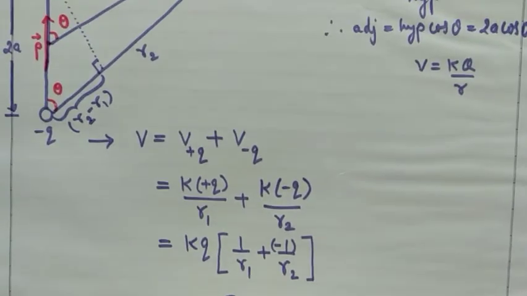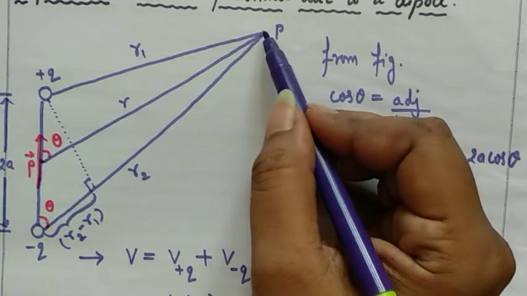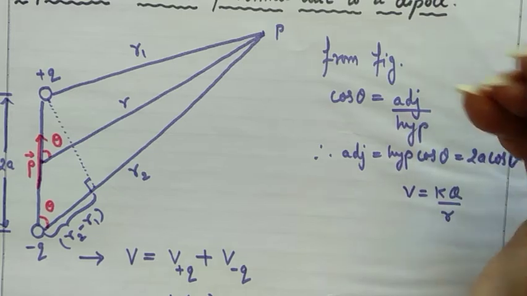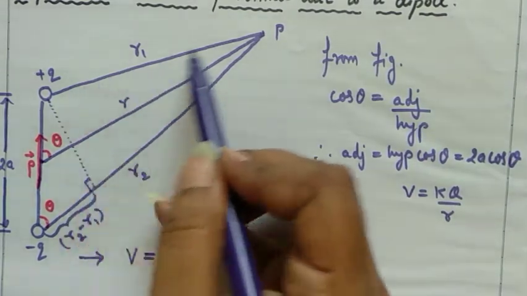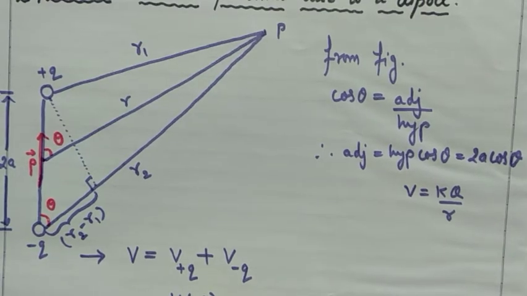Now again, we considered the case that this point P is very far from this dipole. In that case, just imagine if this point P is very far away, then what will happen? All these distances R1, R, R2 will be more or less equal.